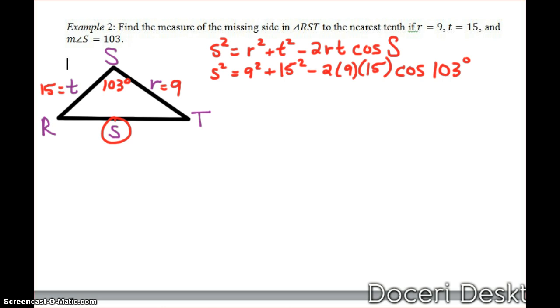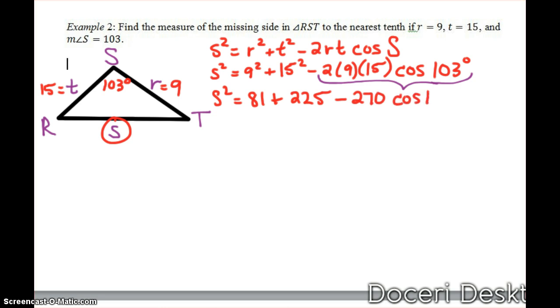Again, important to note that all of this has to stay together. S squared equals 81 plus 225 minus 2 times 9 times 15. I can go ahead and simplify that part, it is 270 times the cosine of 103.